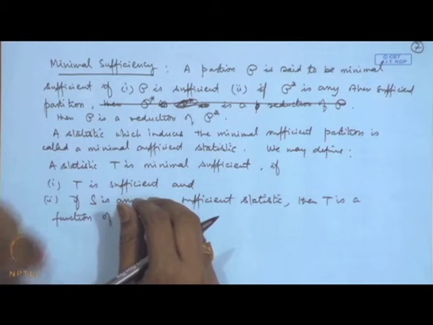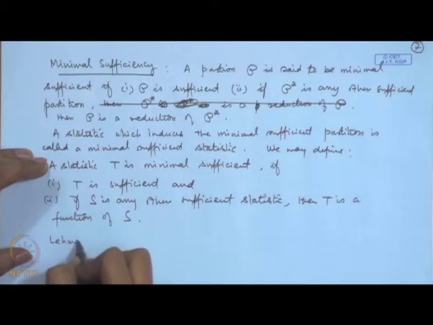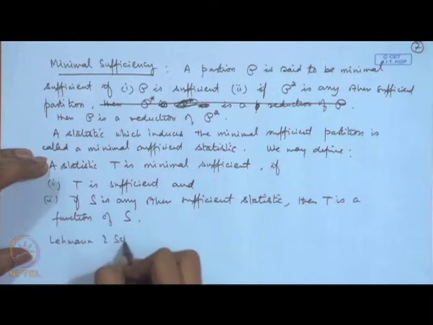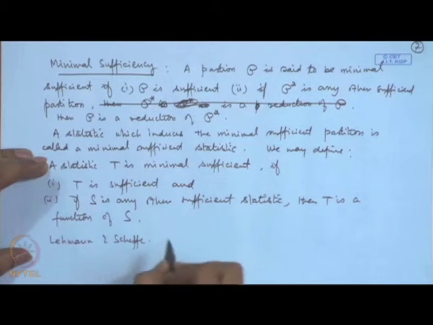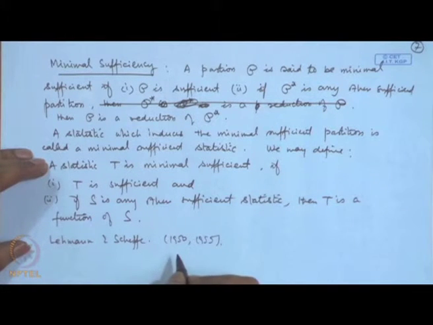Now, the question is how to determine a minimal sufficient statistic or a minimal sufficient partition in a given problem. This problem is settled by Lehmann and Scheffe in 1950 and 55 in papers in Sankhya.